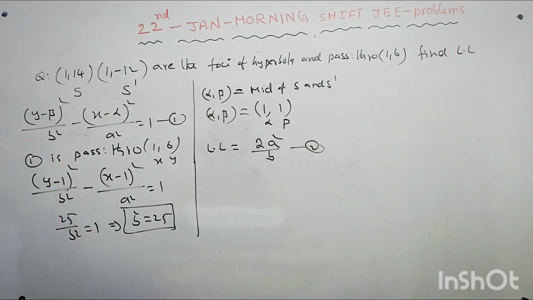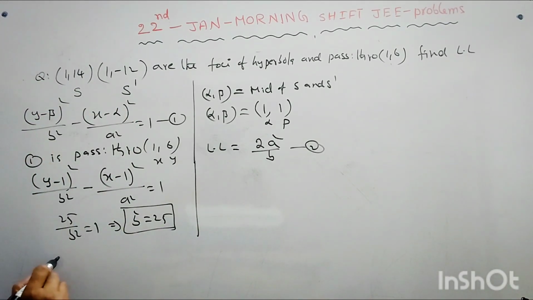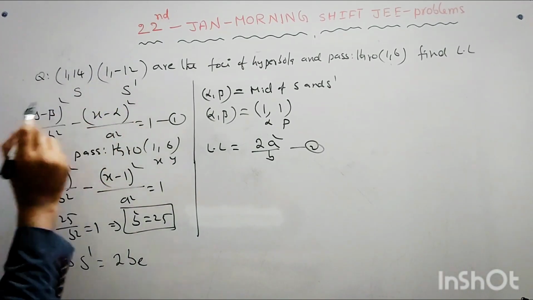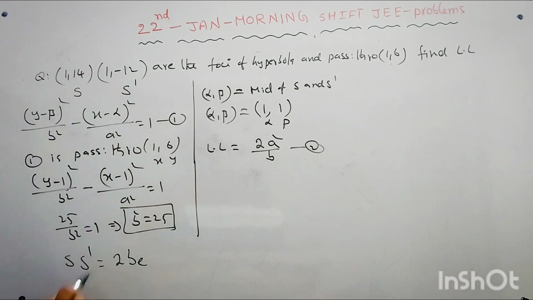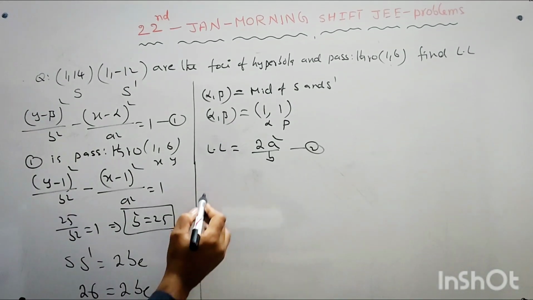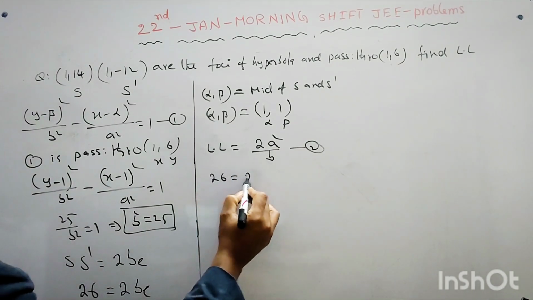Then look here, students. I am going to find out first the distance between S and S dash, which is equal to 2be. The distance between these two points: 14 plus 12 is 26. So 26 is equal to 2be.